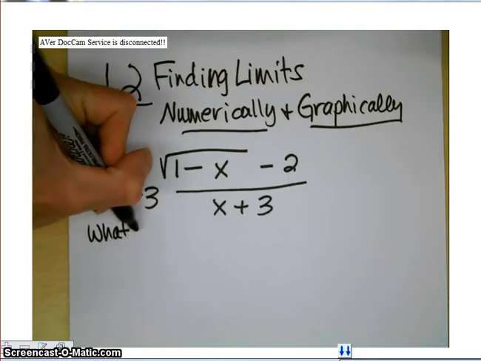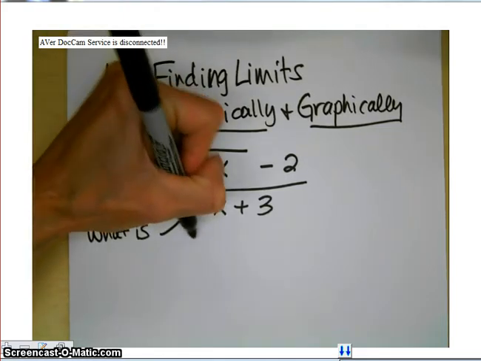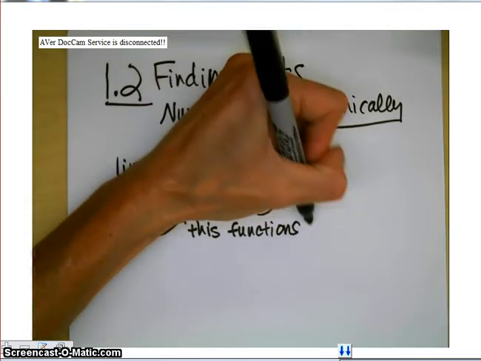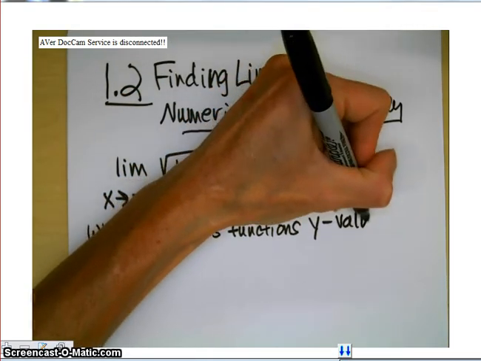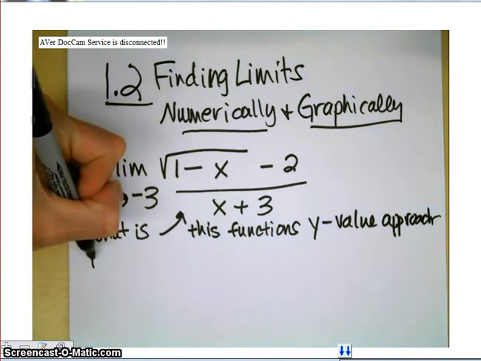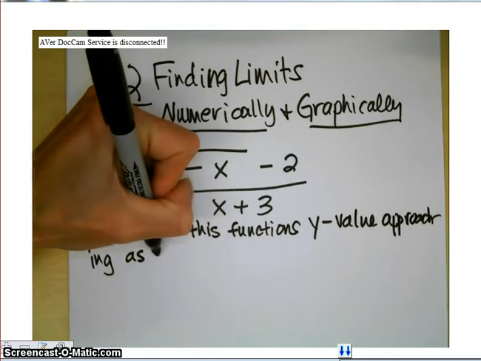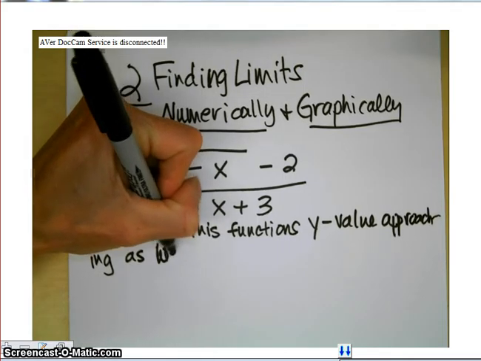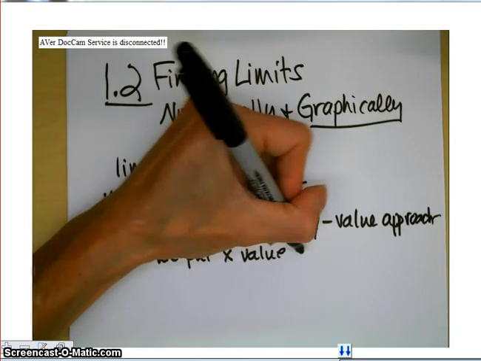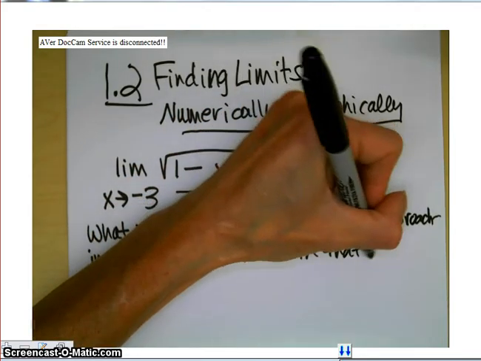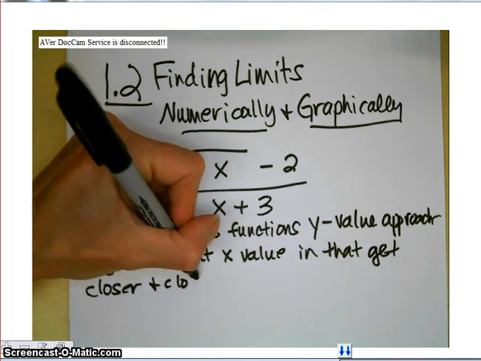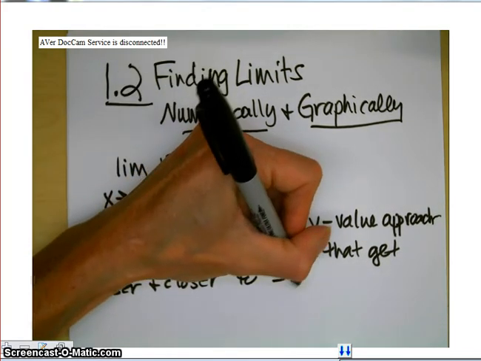What is this function's y value approaching, getting close to, as we put x values in that get closer and closer to -3?